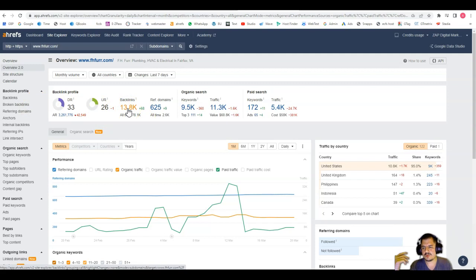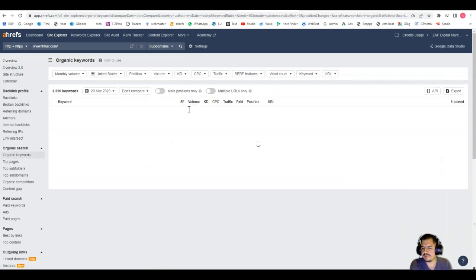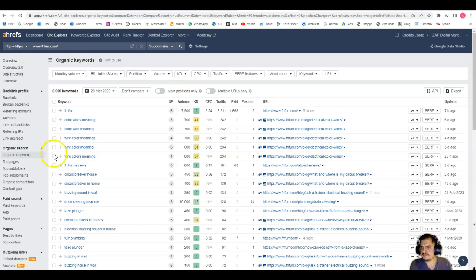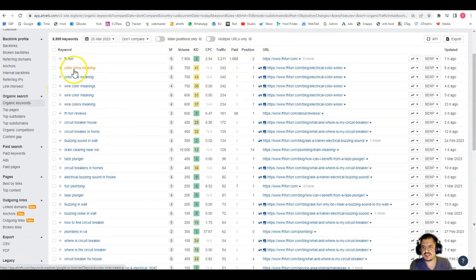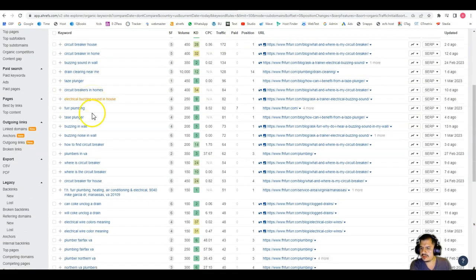Most of those backlinks are probably really good quality, and they're targeting specific keywords. Let's see what kind of keywords they're targeting. They're targeting their brand name, plumbers in VA, for example. There are 350 searches a month, and because they're ranking number 3, they are getting 62 visits every month.